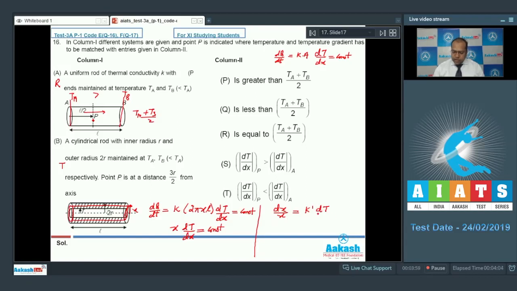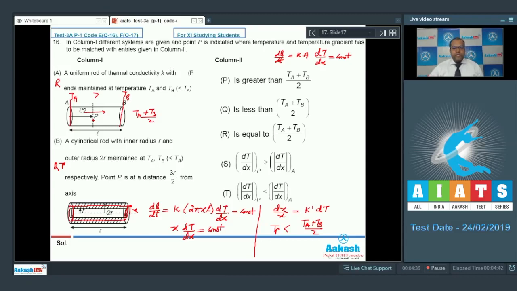So if I integrate this equation first from R to 2R, writing the temperature limits from TA to TB, and then integrating from R to x with the temperature limit from TA to TP, and solve for the value of temperature at point P, then we will find that the temperature at point P in this case is less than (TA plus TB) by 2. So the correct matching will be Q. So the correct matching for entry B is Q and T.